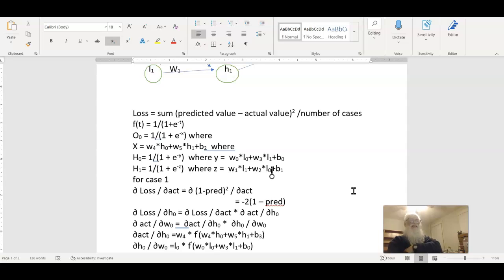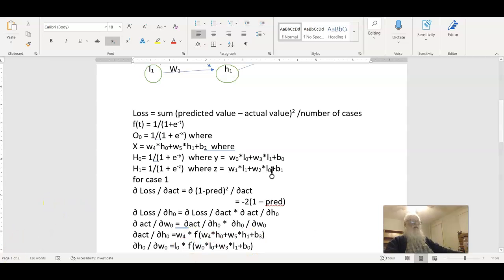So weight 0, for example. How does the loss function depend on weight 0? What happens when you change weight 0 and hold everything else the same? That's what a partial derivative is. It tells you what that change will be.